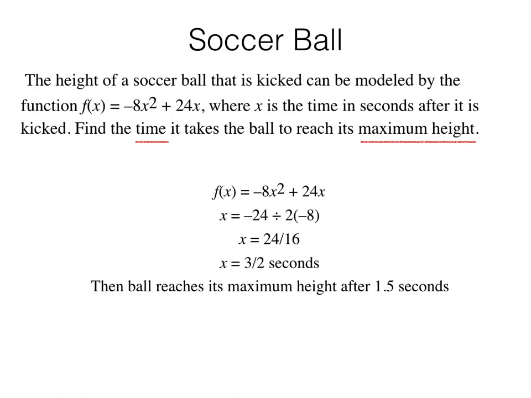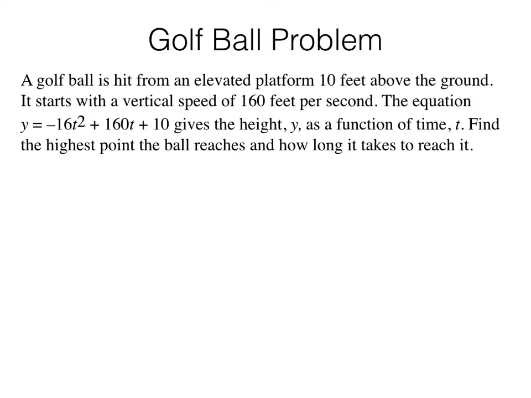Now we'll go on to a golf ball problem, and we have the equation that's given, where we can model the height of the ball, y, after t seconds. We're asked to find the highest point the ball reaches and how long it takes to reach it.